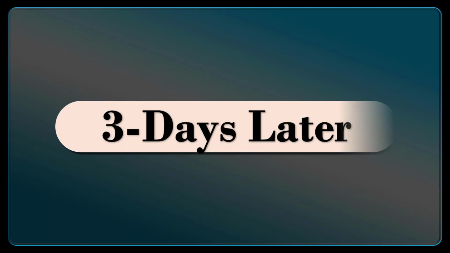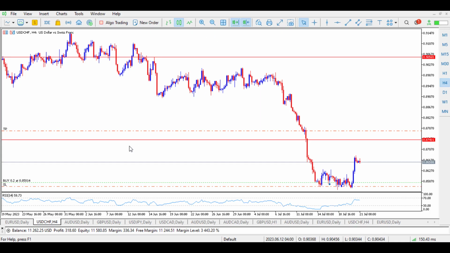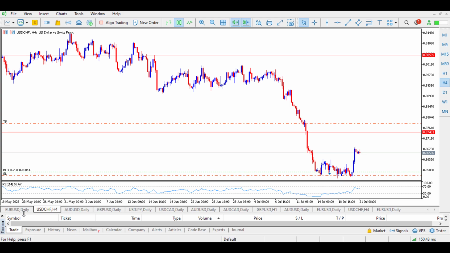Three days later. As I traded all on the daily time frame, I waited for 3 days. So now let's see the result of our trading. As you see here, it is the 4-hour USD chart, and we already have 2 trades here, meaning we have 2 open positions.